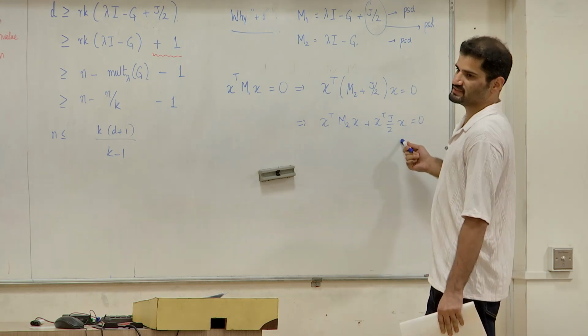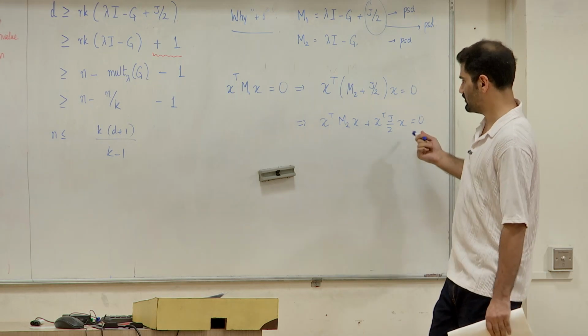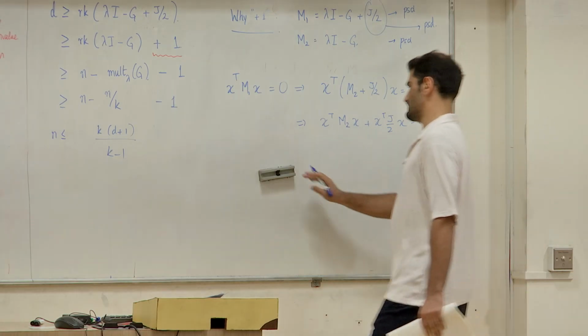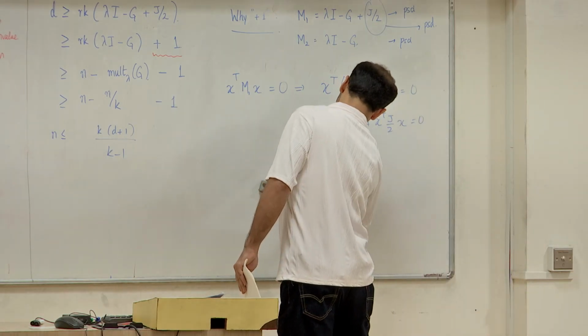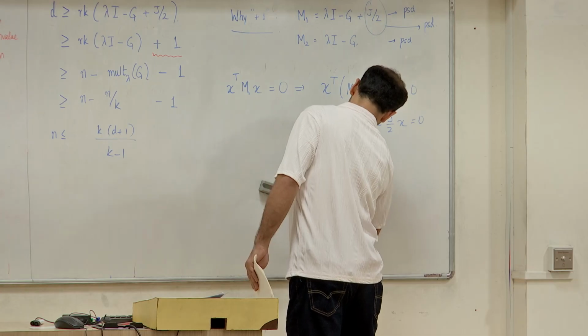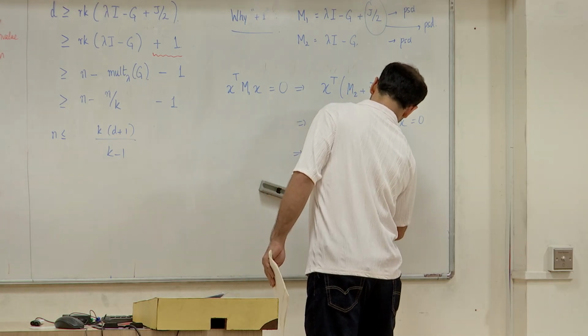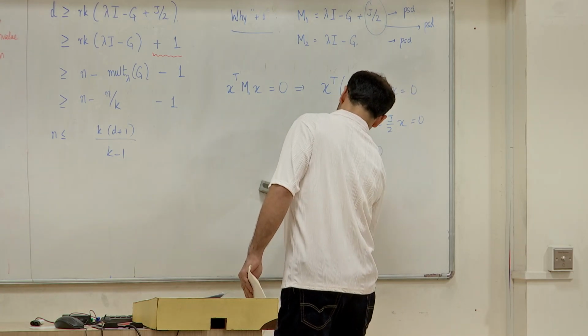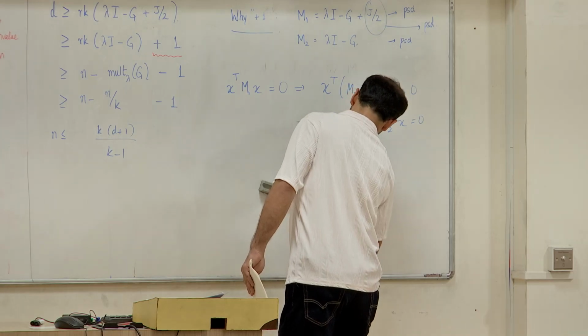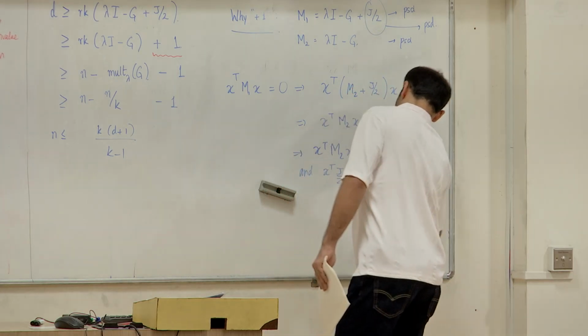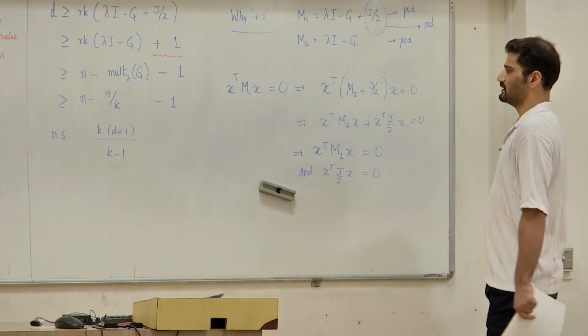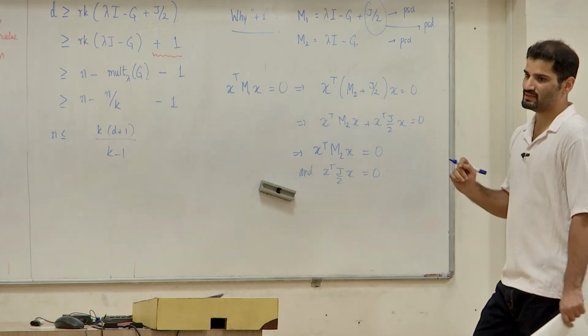These are PSD matrices, so the only way this can be 0 is if both of them are 0. So I get x transpose M2 x equal to 0 and x transpose J over 2 x equal to 0. Now why does that give me a plus 1?